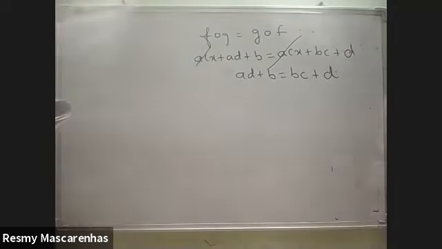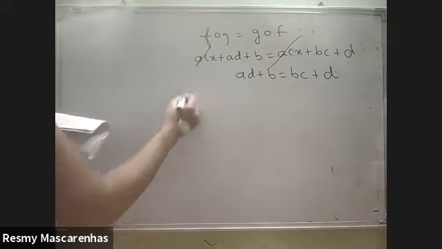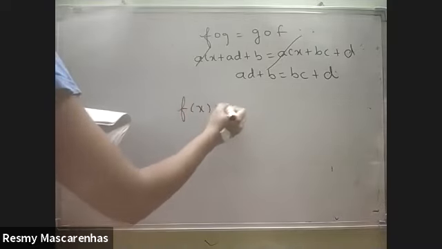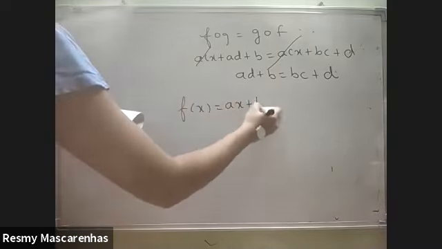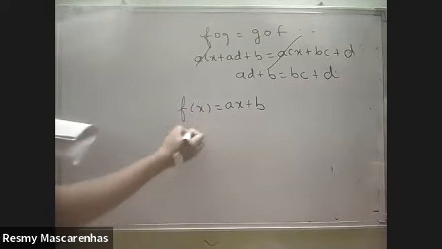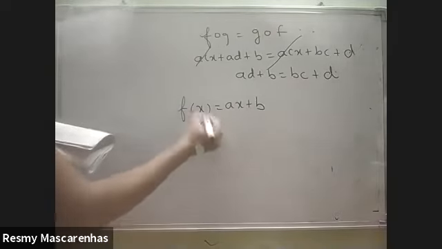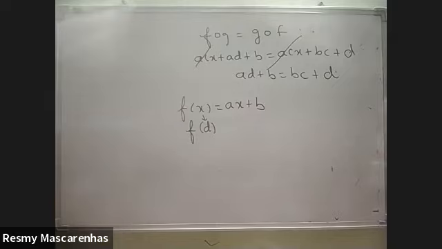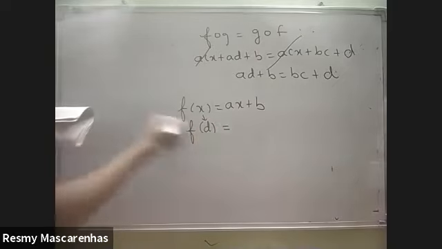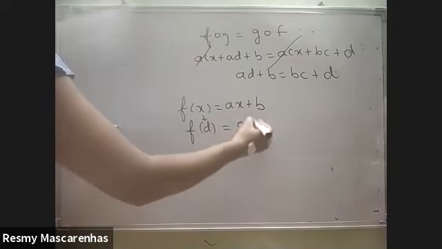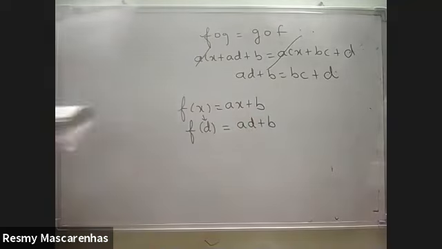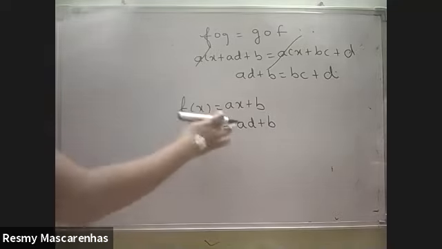Now what is f of x given to you? F of x is ax plus b. We have to find f of d. So instead of x, what we have to replace? By d. Okay, so this is the answer you are getting.